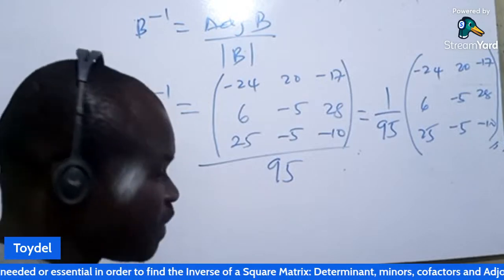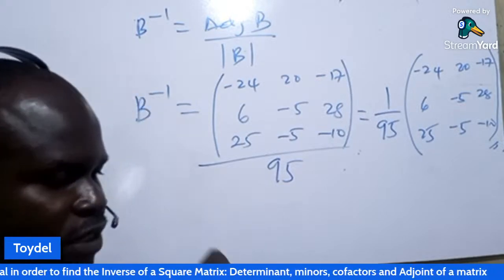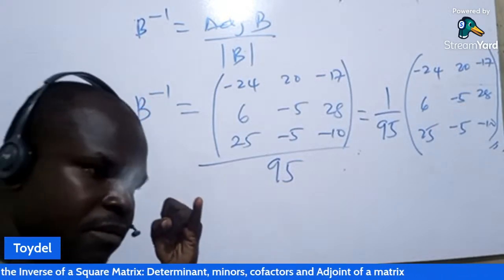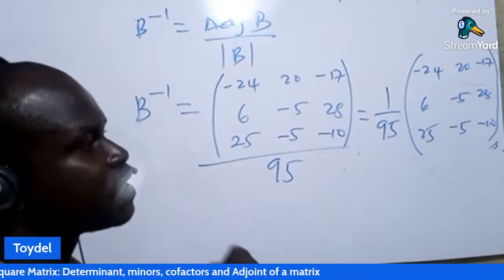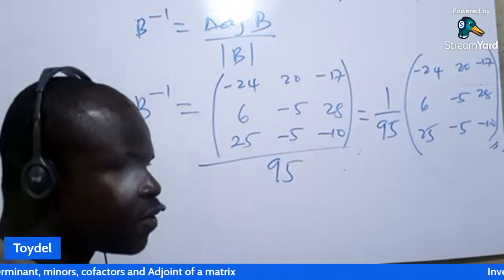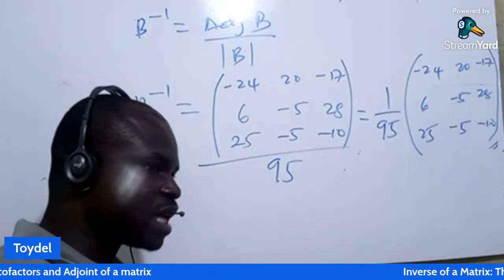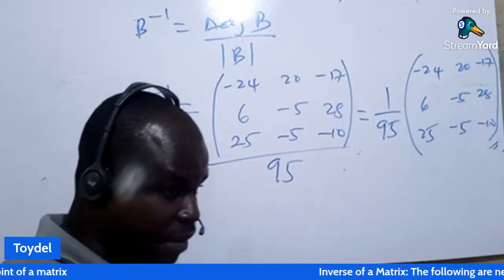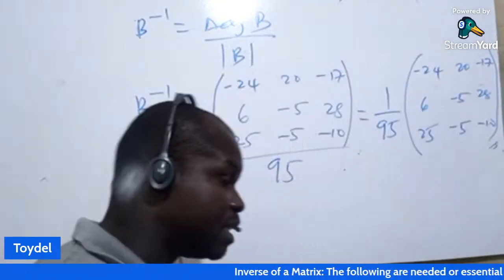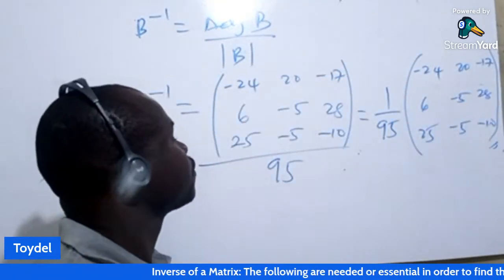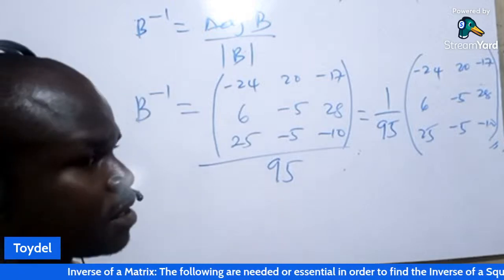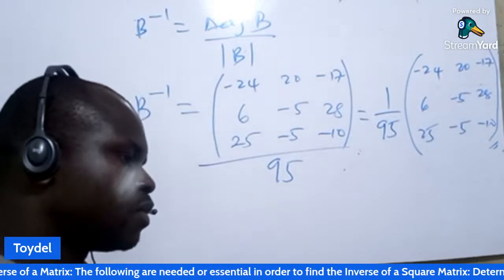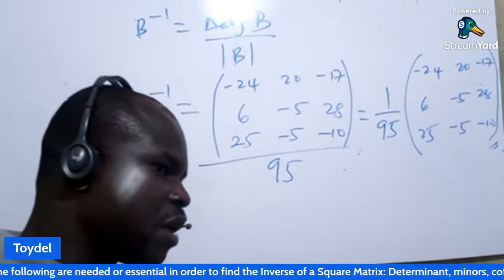For us to find the inverse of a square matrix, the first step is to find the determinant of that matrix. If the determinant is non-zero, the matrix has an inverse. If the determinant is zero, the matrix has no inverse. So the determinant determines whether the matrix is singular or not singular.